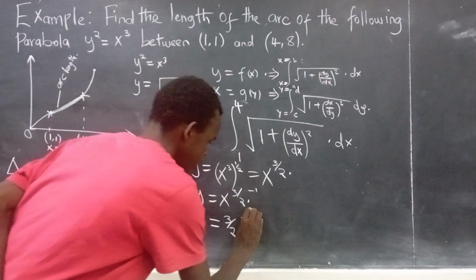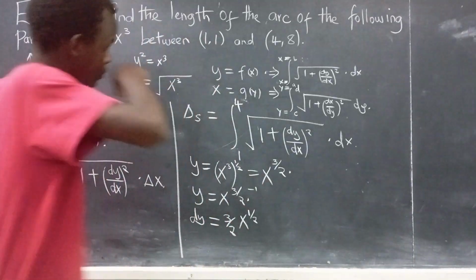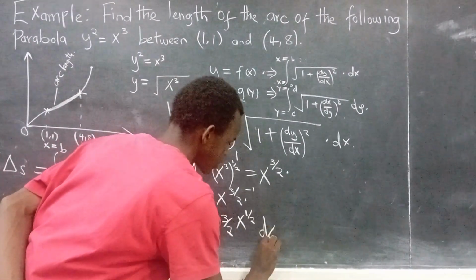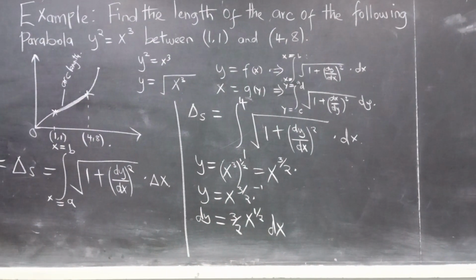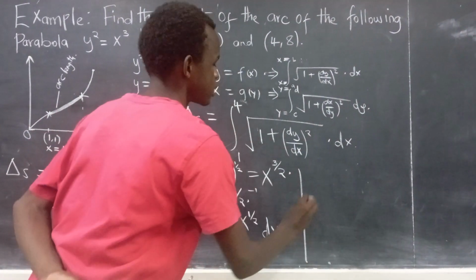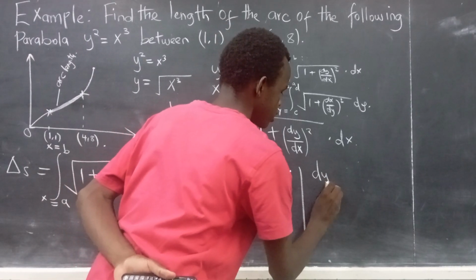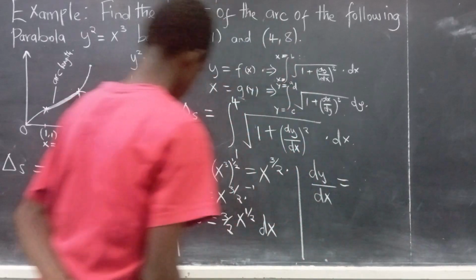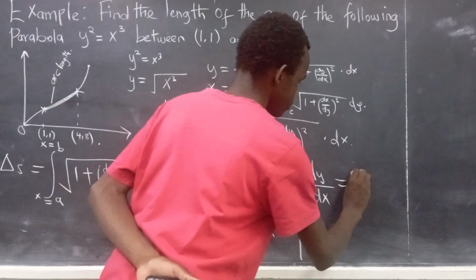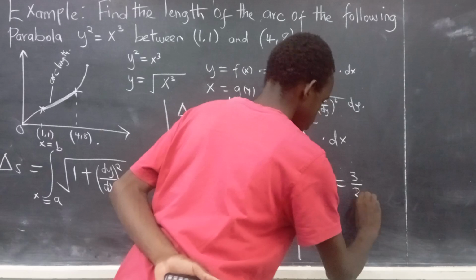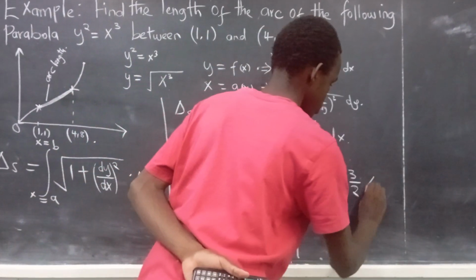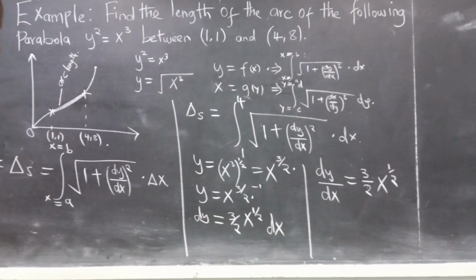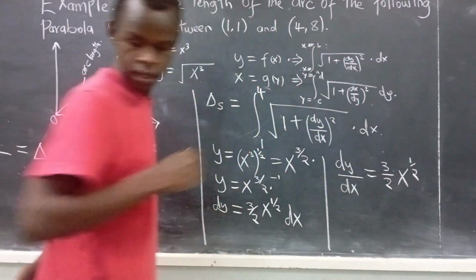It's with respect to x, so I'll put my dx. So I've gotten my dy with respect to dx as 3 over 2 x to the half.